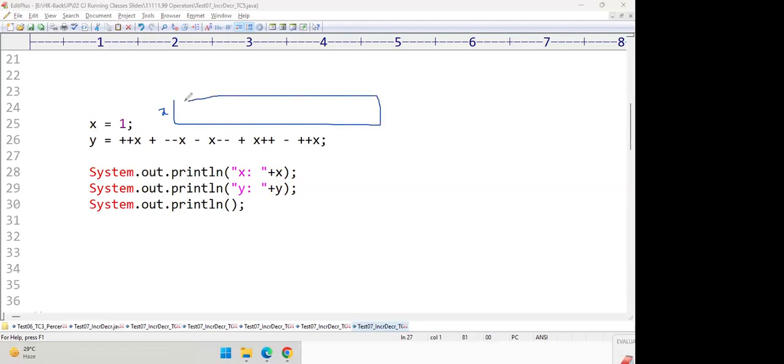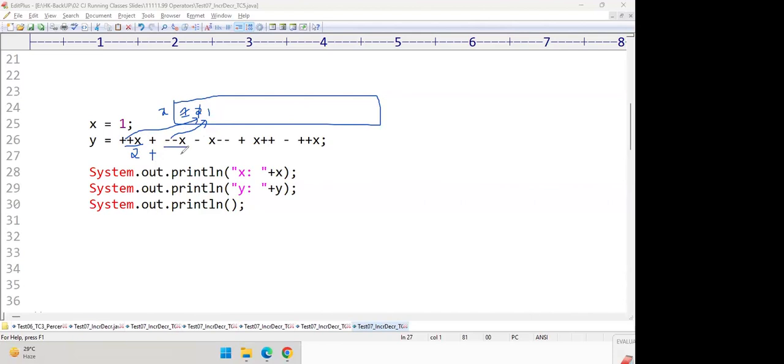People who are having confusion should overcome that confusion. Plus plus x: first, this is 1. First increase, 2. Then read, substitute. Plus. You have to write the plus exactly below that plus, don't get confused. Then minus minus x: decrease, 1.